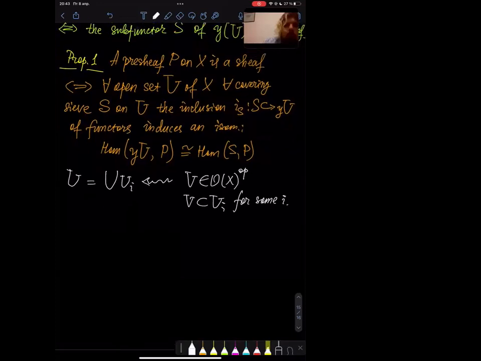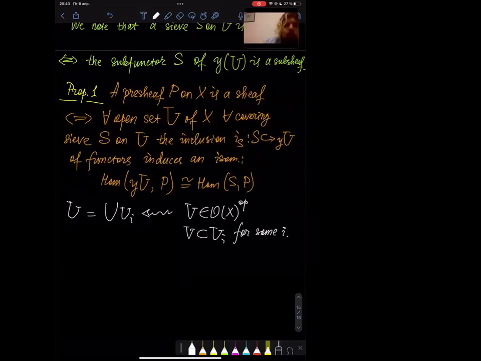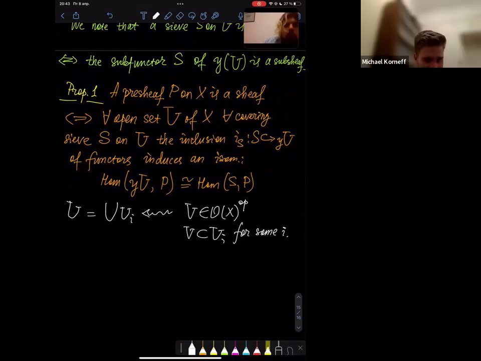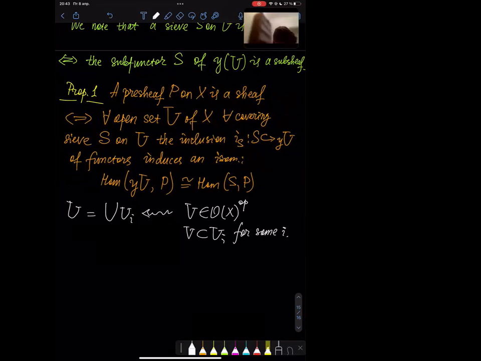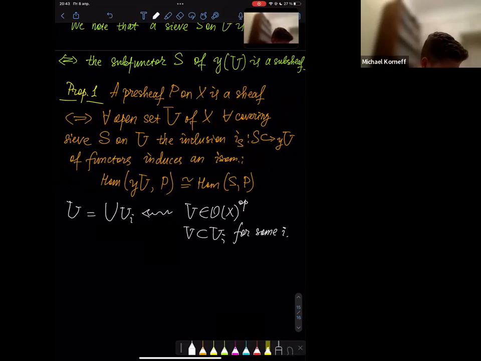Can I ask a question? Yes. So here a sieve is just the cover of a fixed open set, right? This topological situation, or is it something different? We have an open set and some covering, and in this situation we can define a covering sieve.